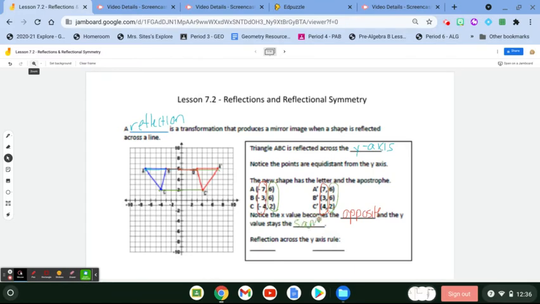Counting is a very easy way to get your answers, but if you want a shortcut to get there a little bit faster, the rule for a reflection across the y-axis is that if you have an ordered pair (x, y), you take the opposite of your x value and keep your y value the same.